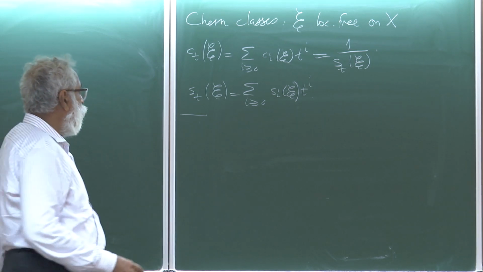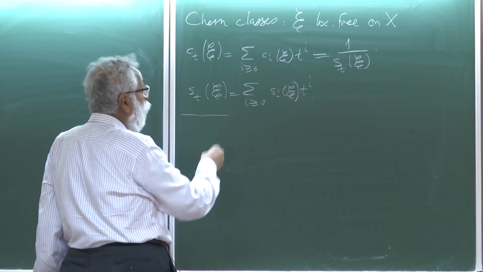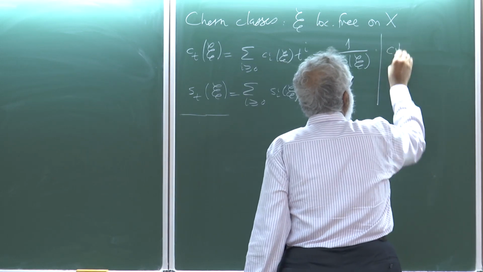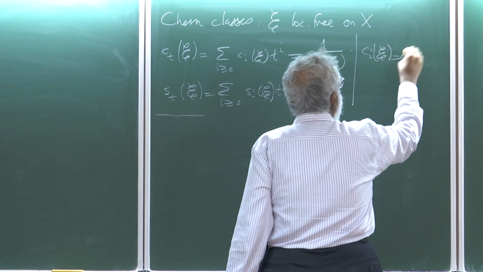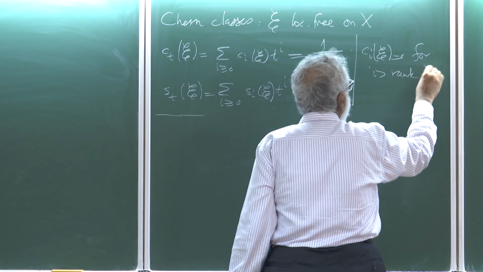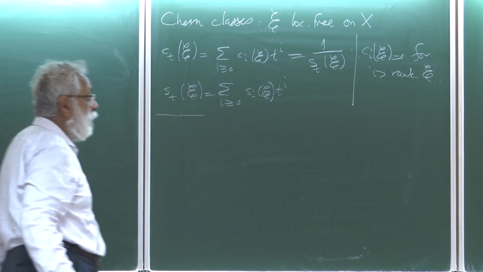But one of the things involved in the proofs of some of the non-trivial properties, both the fact that C_i(E) equals 0 for i bigger than rank E, this was one important property, unlike the S_i, which there were sort of infinitely many of them.